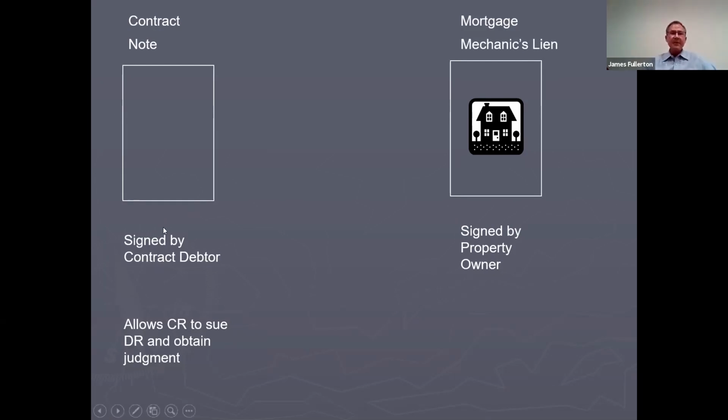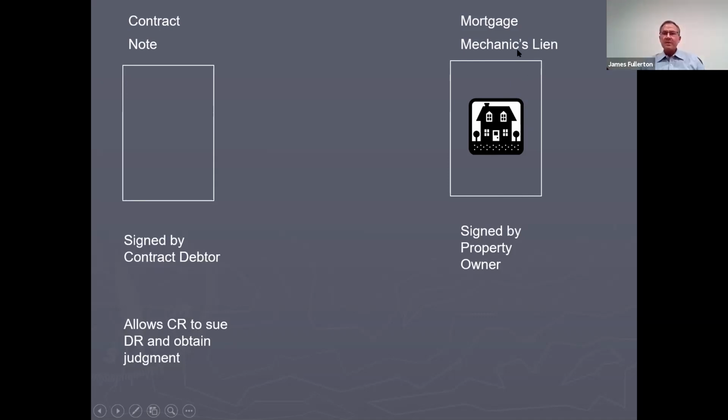And if the contract debtor does not keep their promises, the claimant can foreclose on the mechanics lien. And the procedure to foreclose upon a mechanics lien is very similar to the procedure to foreclose on a mortgage. A lot of people don't understand that.